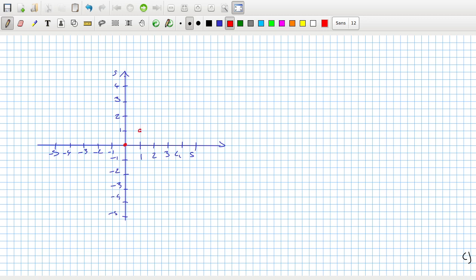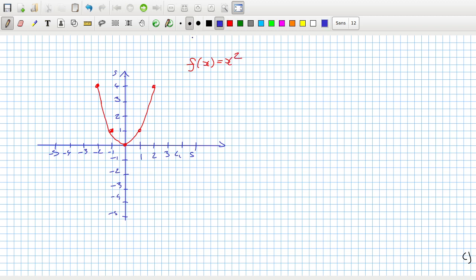That'd be 0, 1, 2, 4. So that's just regular old boring f(x) equals x squared.